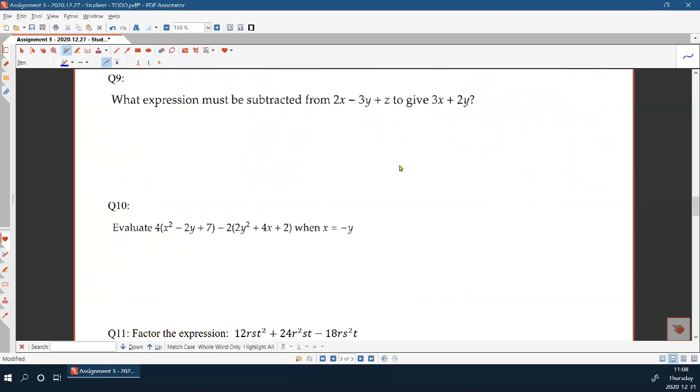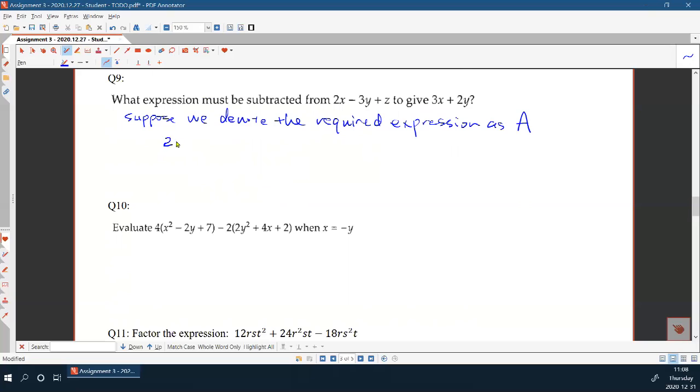Next one. What expression must be subtracted from 2x minus 3y plus z to give 3x plus 2y? Okay, suppose we denote the required expression as uppercase A, right?